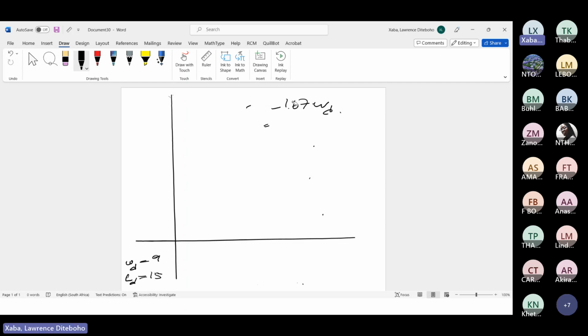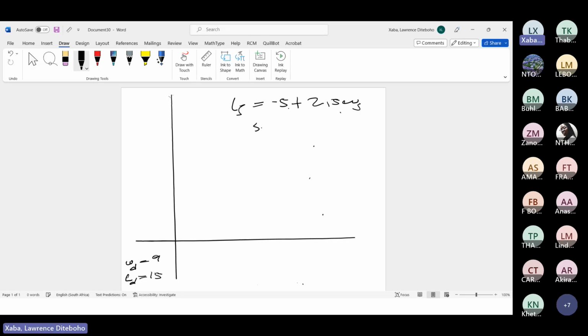Then we take the second equation and do the same, because the point is to find the values that will represent the two equations in the Cartesian plane, where we have LS equals -5 plus 2.5 WS.